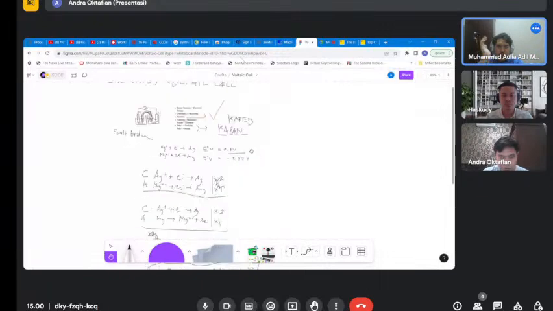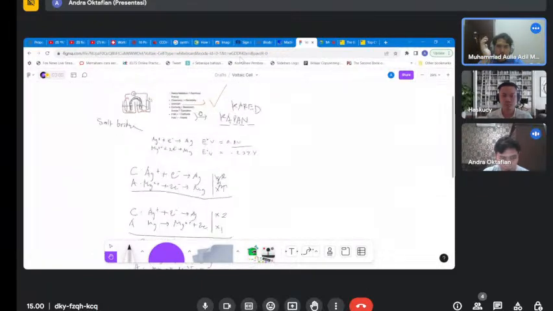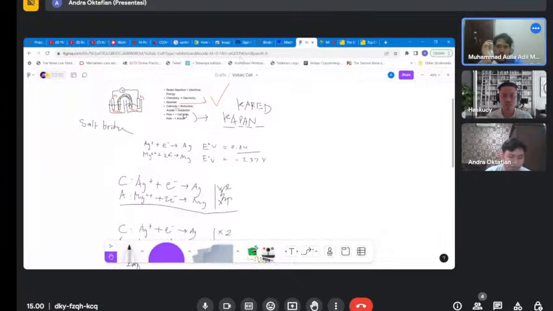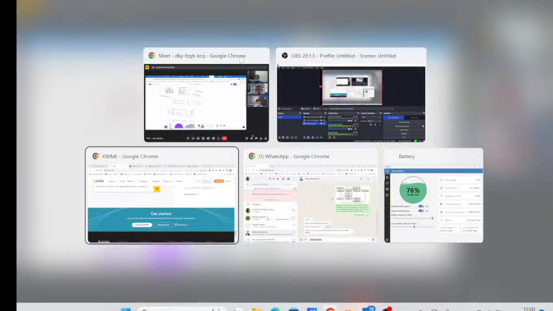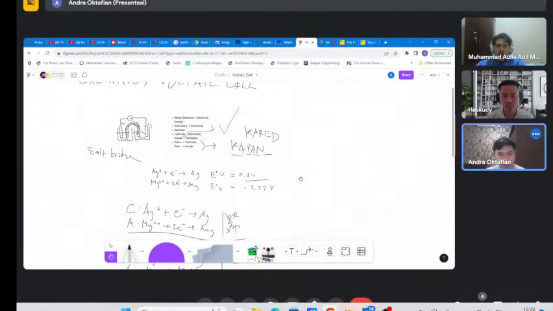Yeah, it's all about electrochemistry, which is a branch of chemistry. In this pilot scale it hasn't been scaled up yet, but it's just the basic science of electrochemistry.